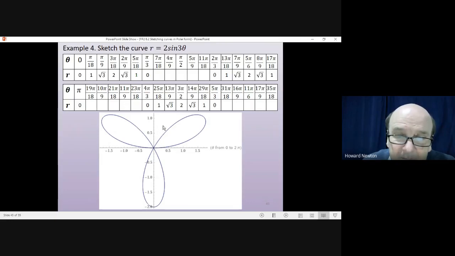That's the gap we have here where the curve is not defined. And then from 2 pi by 3 up to pi, the curve is defined again, and we get the second loop. Then we get the second gap, which is why we get a gap here. Then we get the third loop, which is this loop at the bottom. And then the third gap, which is the gap that takes us back to the beginning again.